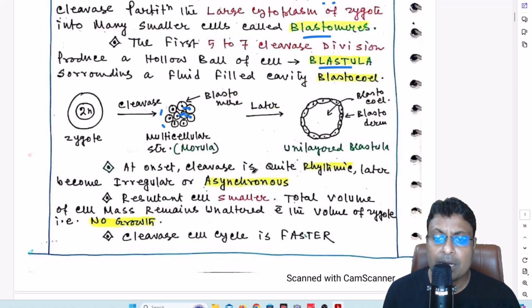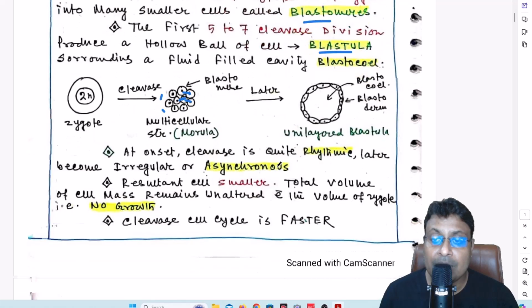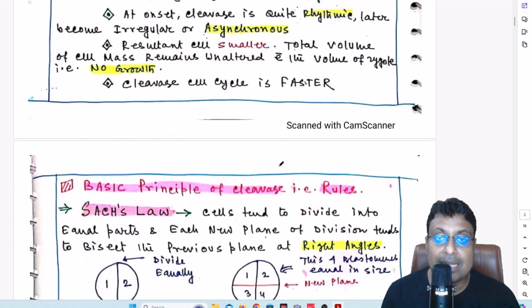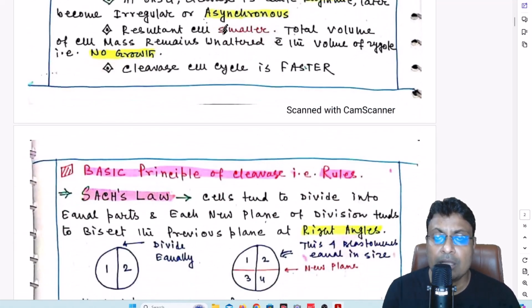At the onset of cleavage it is quite rhythmic, but later it becomes irregular or asynchronous. This is another important characteristic feature of cleavage, and the resultant cells are smaller. By the process of cleavage many blastomeres are formed, but these resultant cells are smaller. The total volume of the cell mass remains unaltered from the volume of the zygote, that is, no growth can be found.